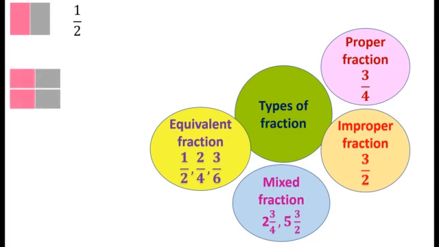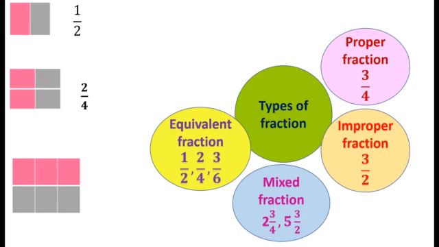Another example: here 4 boxes are there, out of which 2 are colored with pink color. So out of 4, 2 are colored. So what fraction is colored? That is 2 by 4. So you can see here half of the 4 is colored with pink color, that is 2. Again you can see half of the total is colored with pink color.